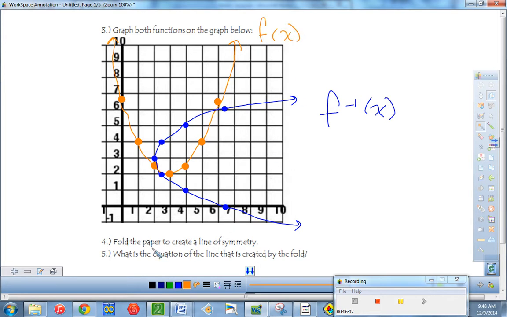Okay? So if you fold the paper somewhere so that the blue lines up perfectly with the orange, what is the equation of the line that will be created? I don't know if I want to tell you. I feel like I should make you figure it out.